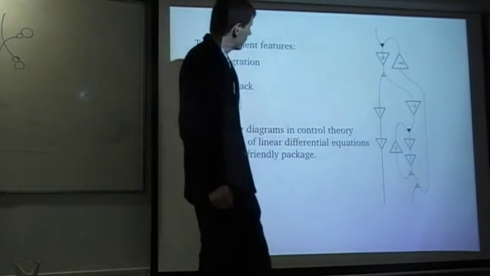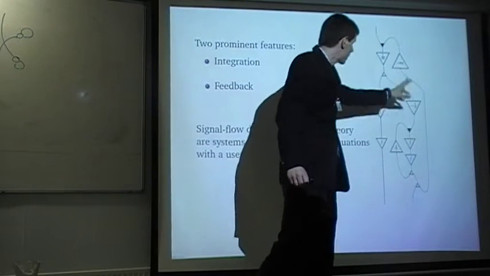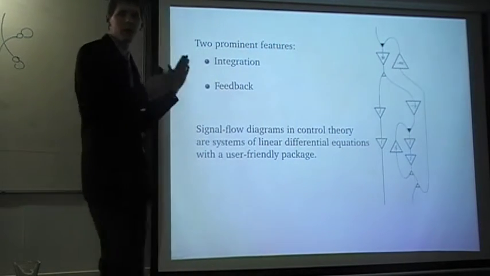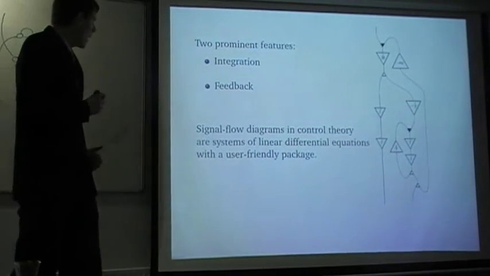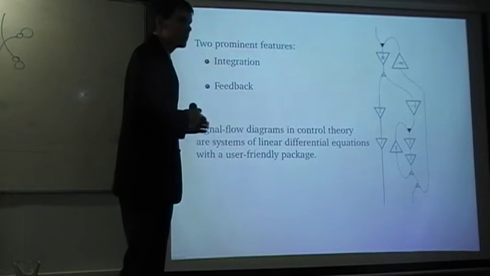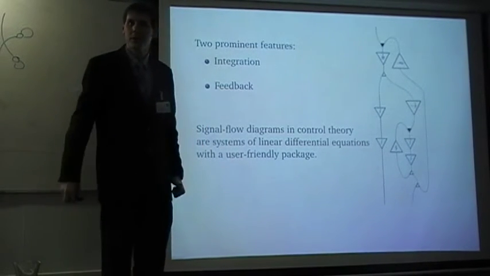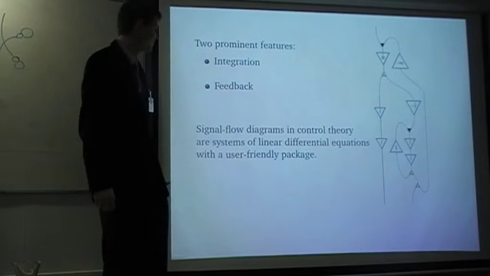And then we're doing some more complicated stuff over here that gives us the angle of the pendulum. And so the integration is sort of integral to figuring out where the cart is.